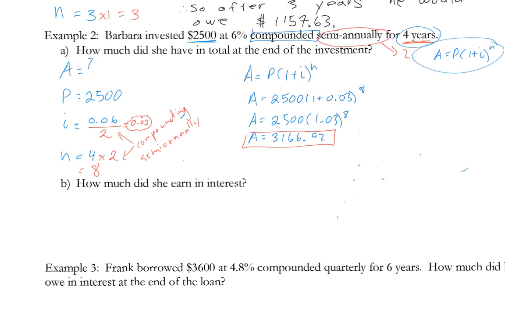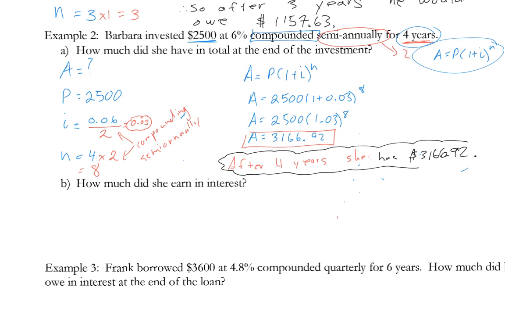So after 4 years, she has $3,166.92. And that's it. That's how we answer that question.